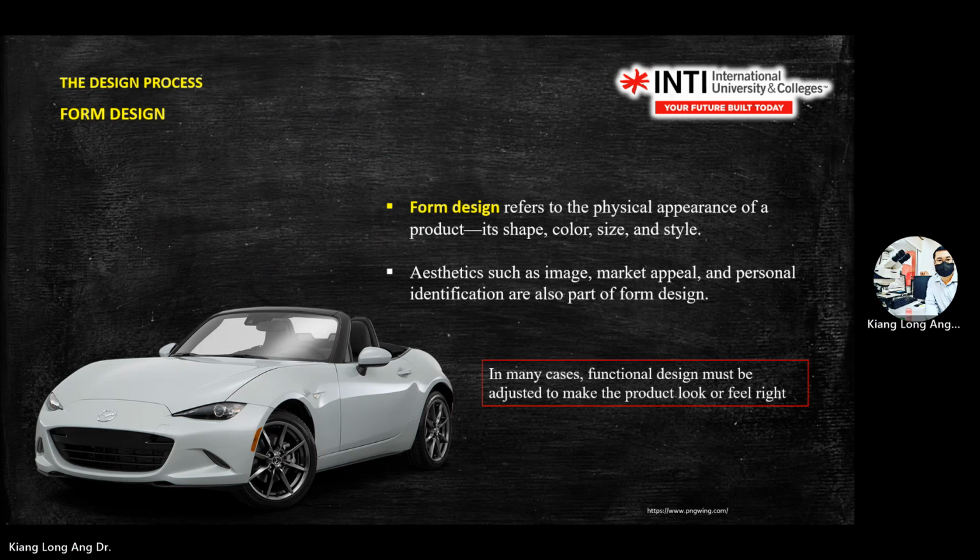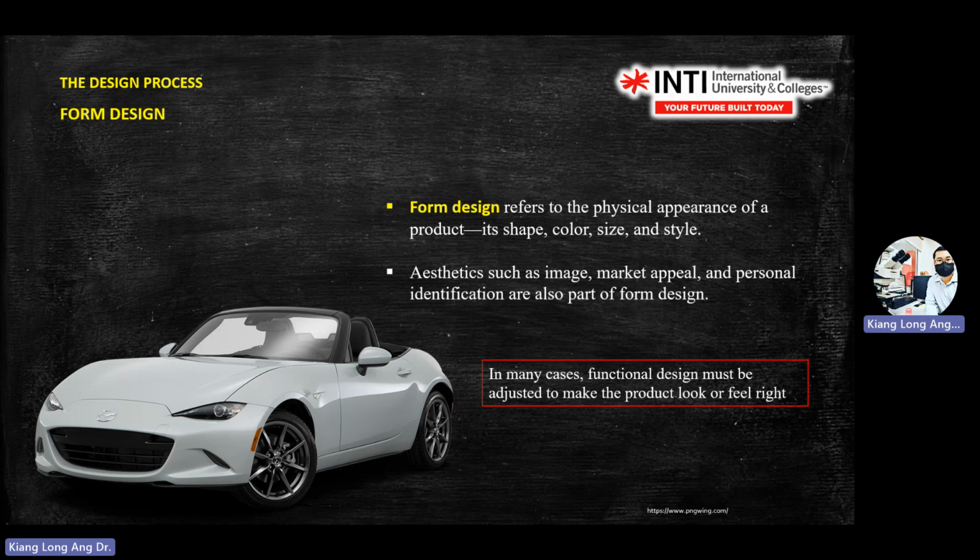So nowadays, for all the products out there, especially when they contact with the customers, the functional design must be adjusted to their form design, or to their aesthetic form. Okay, so it must look good first, then you look at the function.